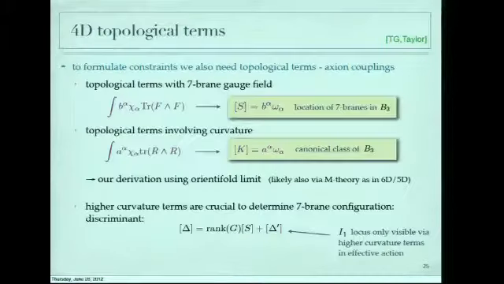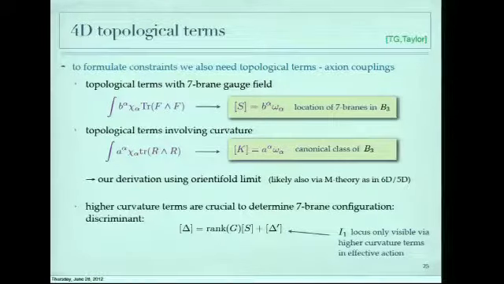And are there universal constraints? And what we pointed out is that a nice testing ground are actually these kind of topological terms. They can be linked to anomalies via four-dimensional Green-Schwarz if these axions are actually gauged, but they don't have to be related to anomalies. But nevertheless, they tell you about the internal geometry.